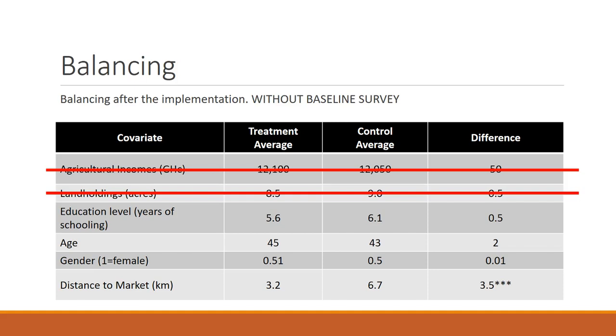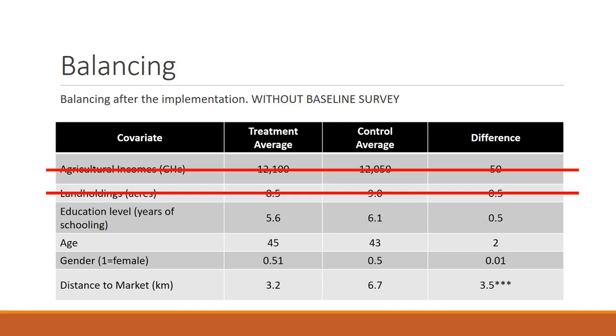If we find that some of these variables are significant, more than the threshold, then we would conclude that we don't have statistical independence and we're not necessarily able to conclude that any observed difference in our outcome variable between the treatment group and the control group is a result of the intervention.